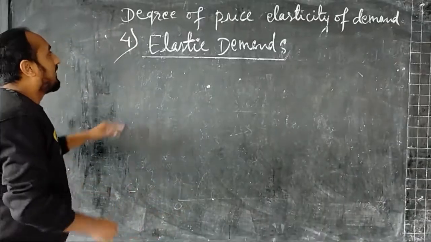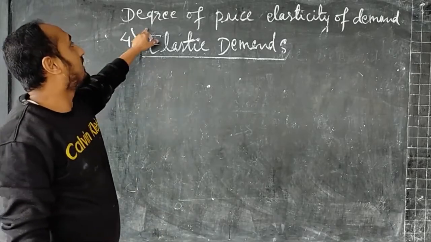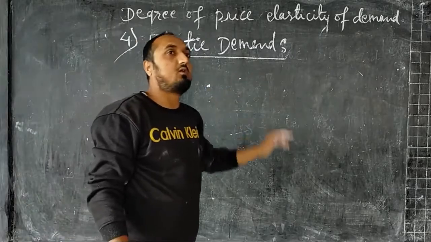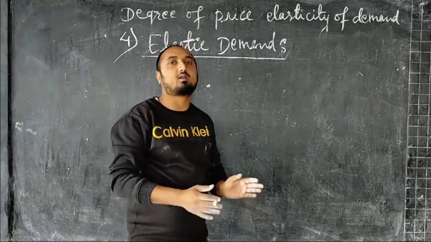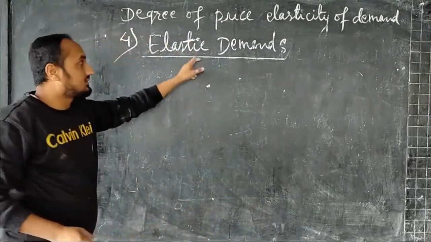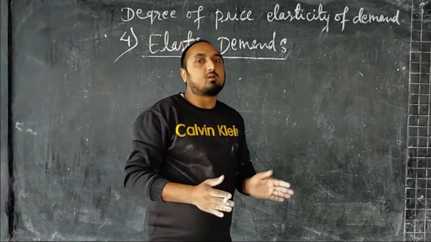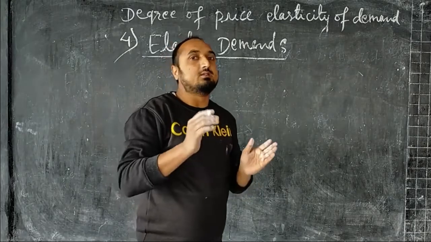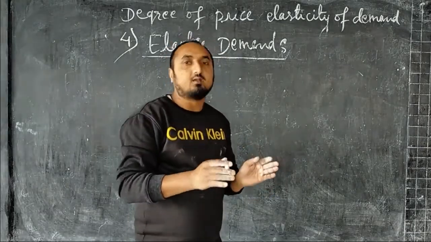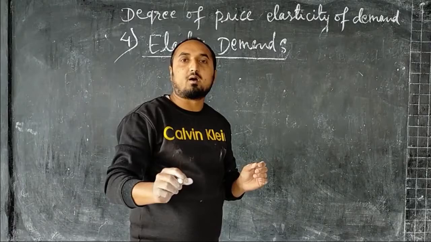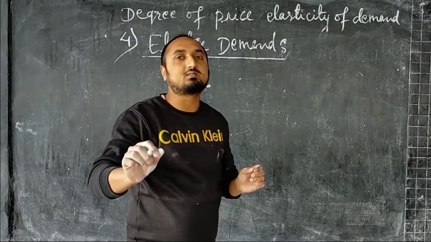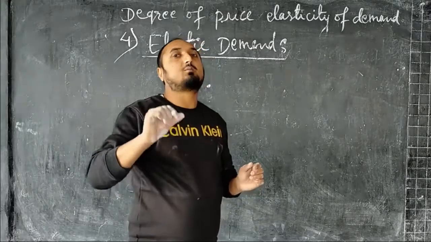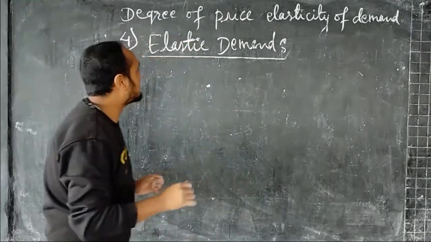The next category of degree of price elasticity of demand is elastic demand. So now we have to understand the meaning, what we mean by elastic demand. So when the percentage change in quantity demanded of a commodity exceeds the percentage change in the price, then the elasticity of demand is said to be elastic.